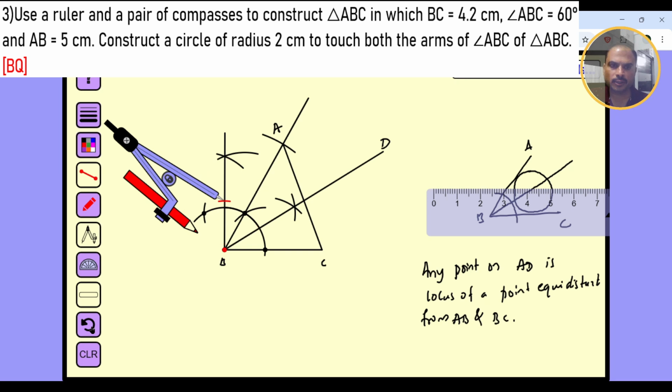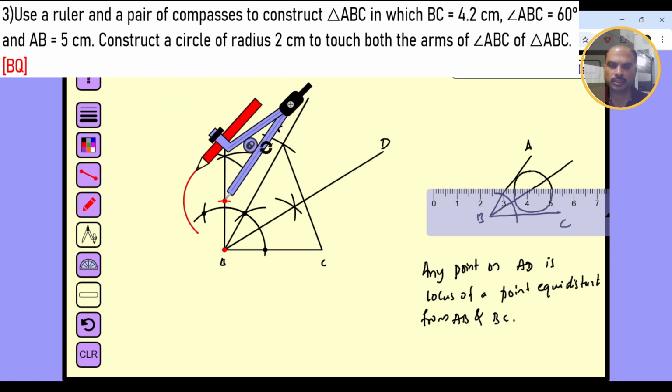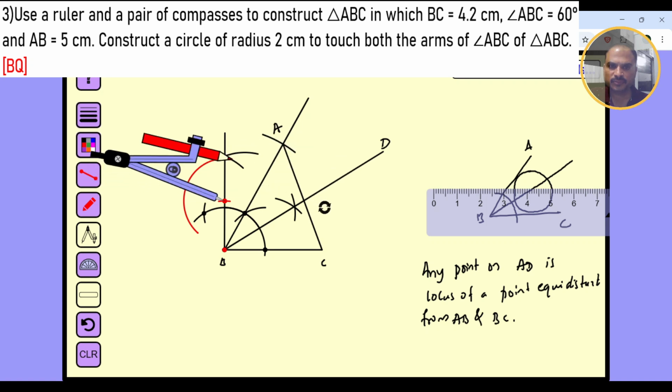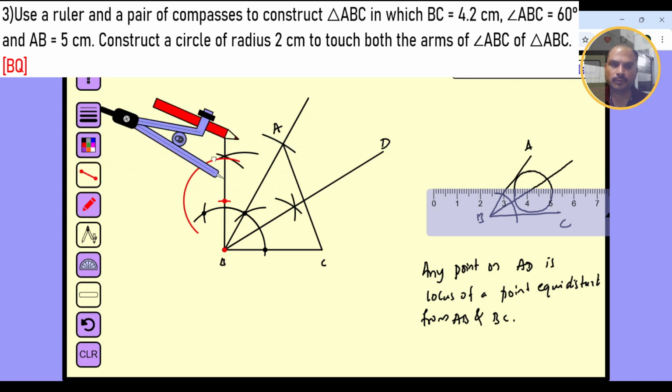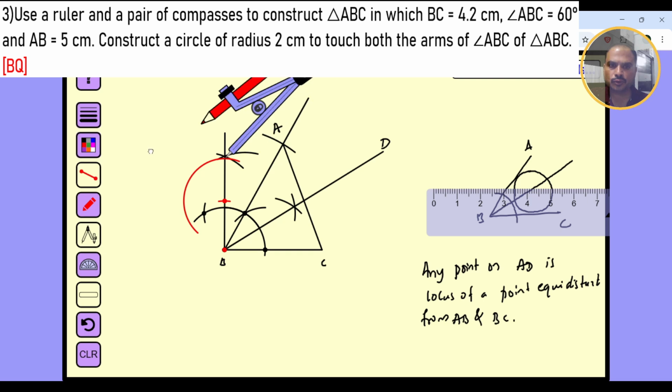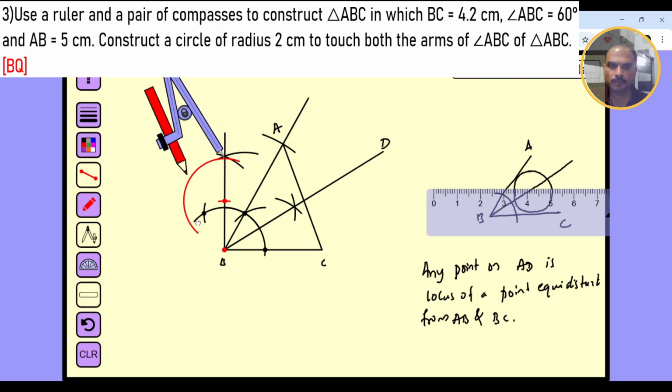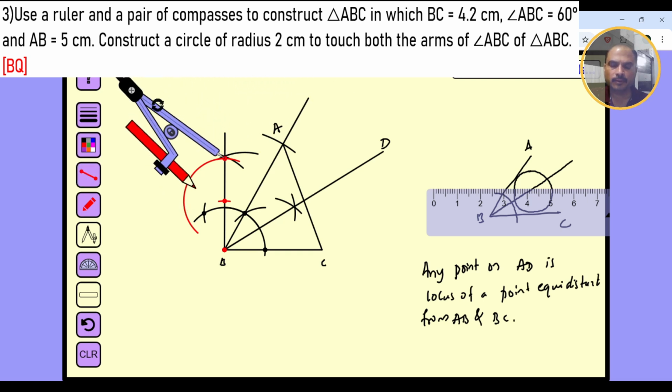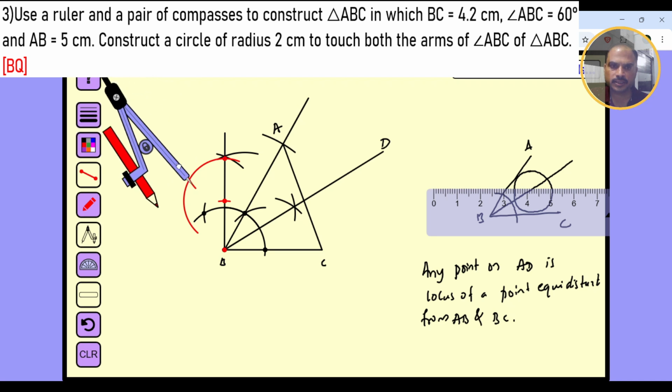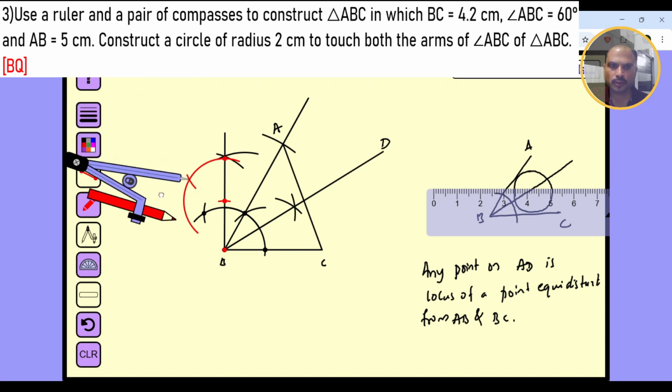Need not be a circle. Can draw it on the other side also, so that you should not get confused with all the arcs. So this is what I'm going to draw, 90-degree at this particular point.